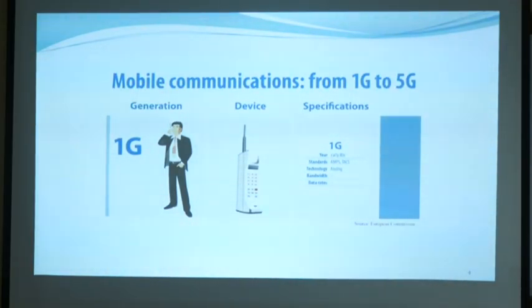This first generation cellular network is an analog communication system. Our voice is modulated onto carrier frequencies and transmitted through the air. There's no analog to digital conversion or anything. Our voice is directly modulated onto the carrier frequency and transmitted through the channel via an FM system. This is mainly for voice communication, and it started in the early 80s.